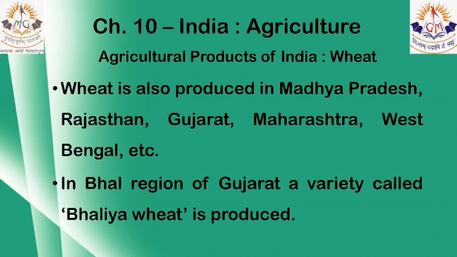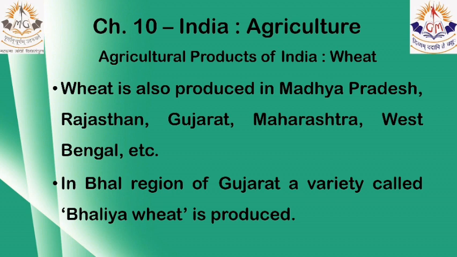Apart from Punjab, Haryana and Western Uttar Pradesh, wheat is also produced in Madhya Pradesh, Rajasthan, Gujarat, Maharashtra, West Bengal. Wherever good quality soil is there, the land is drained by rivers, fertile soil and irrigation facilities are available, and rainfall is less than 75 centimeters, you can grow wheat.